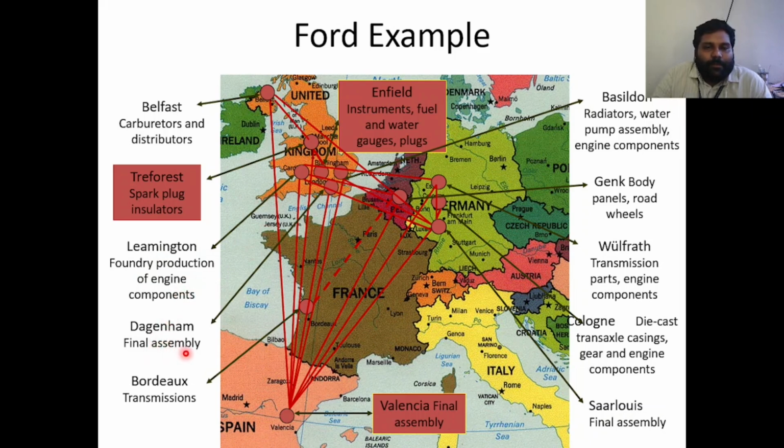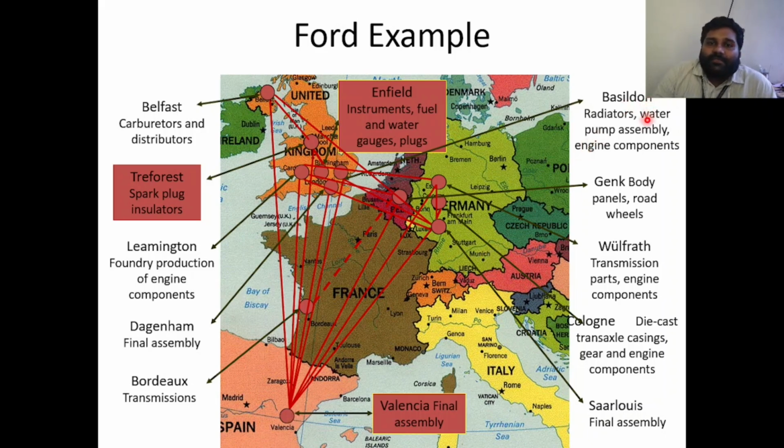Dagenham, final assembly is being done over here. Bordeaux is from France. The transmission system is being supplied from France. Valencia, final assembly, that is for distribution of different products, like in Spain, Valencia, assembly is again being done.